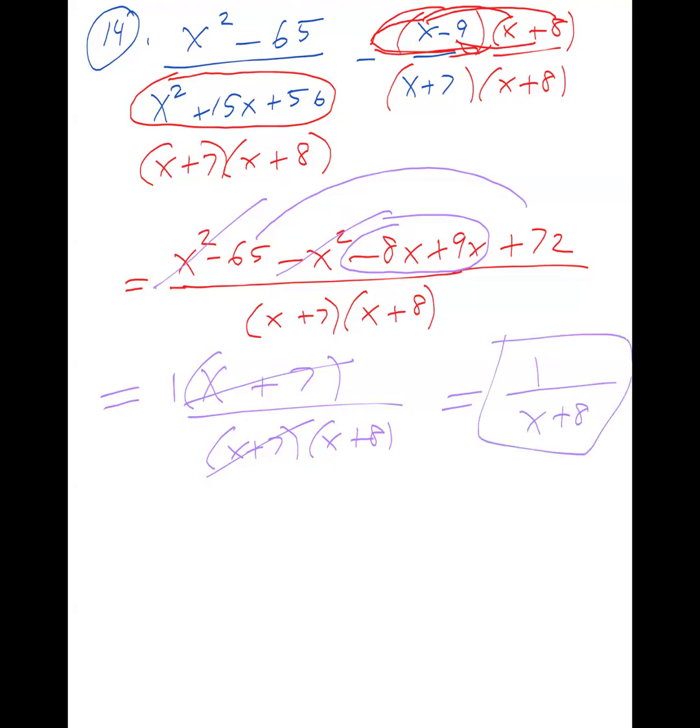Perfect. So any questions? Let me make sure that that's the right solution, because, yep, it is. Perfect. Any questions? So if you can do a problem like this, that means you're doing really well.